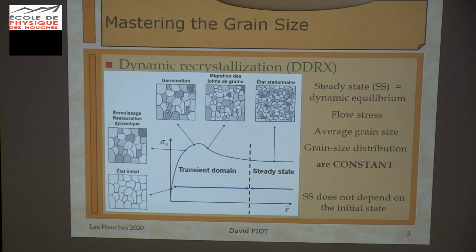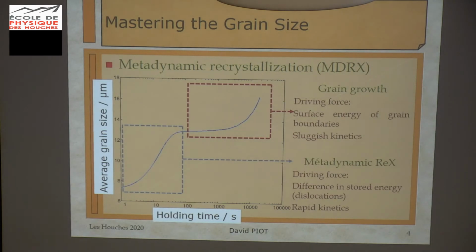So the flow stress, the average grain size, and even the grain size distribution are constant. And the steady state does not depend on the initial state. It depends only on temperature and strain rate, if these parameters are kept constant during the test.